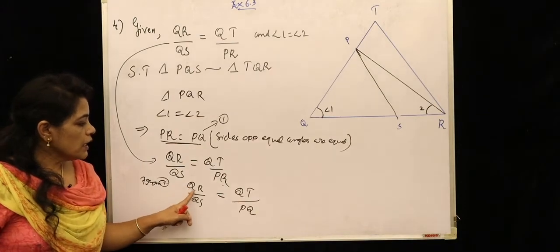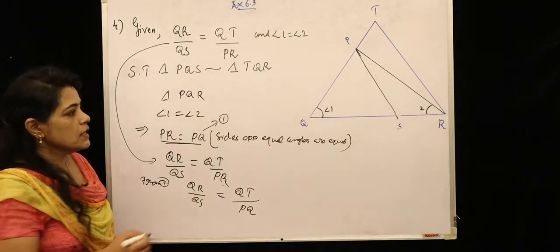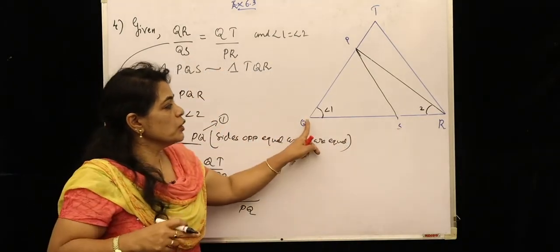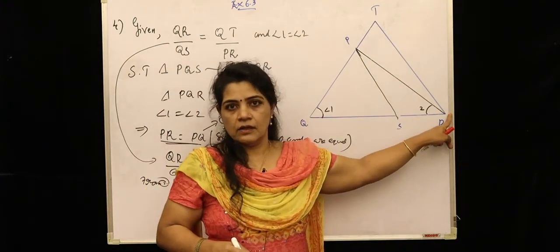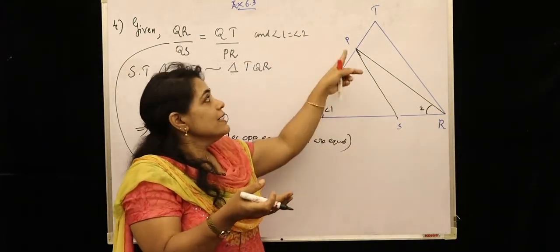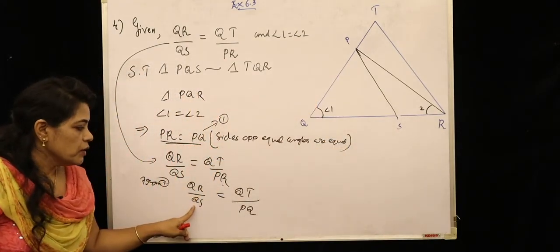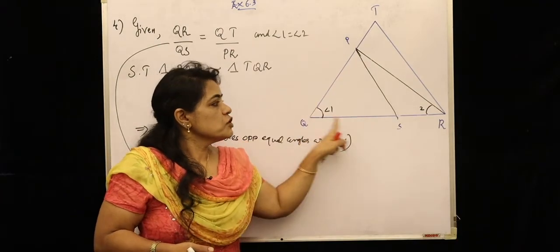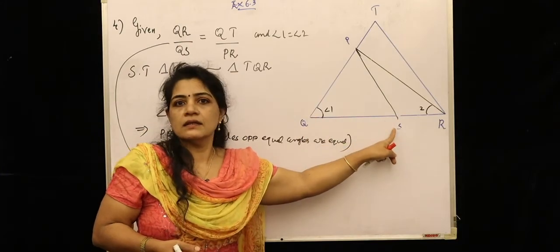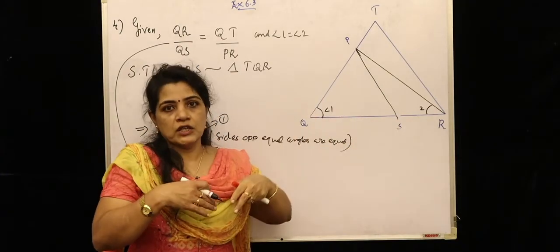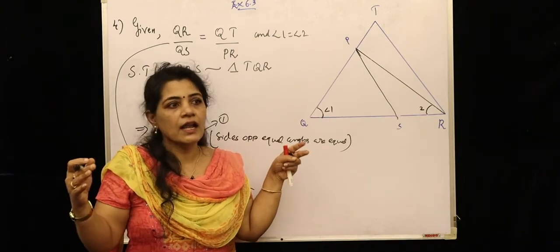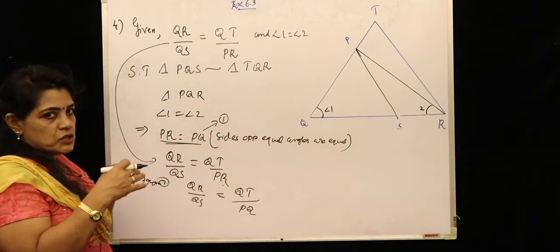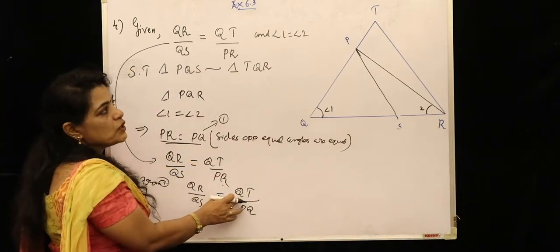So see children, what is the result we got now? Here we have the ratio of QR by QS. QR is a side of triangle TQR, and QS is a side of triangle PQS. So one is the side of the big triangle and the second is the side of the second triangle, and their ratio is the same as that of another side, QT.